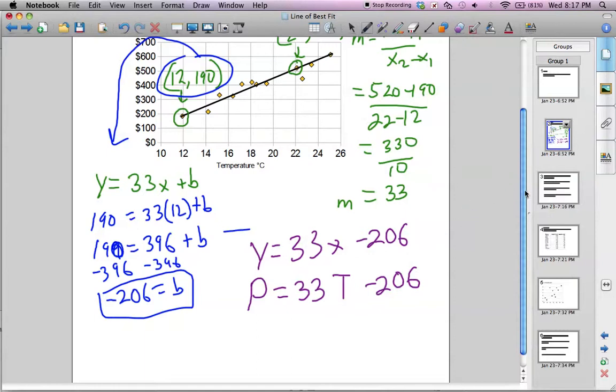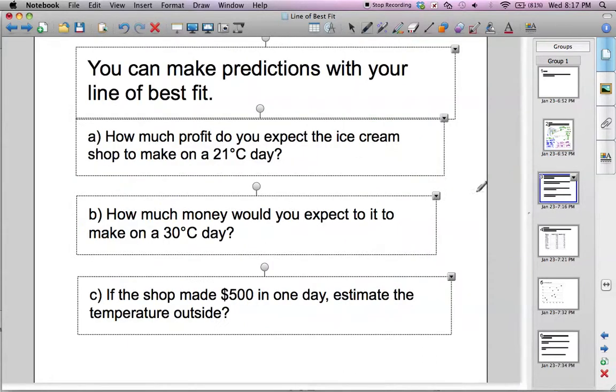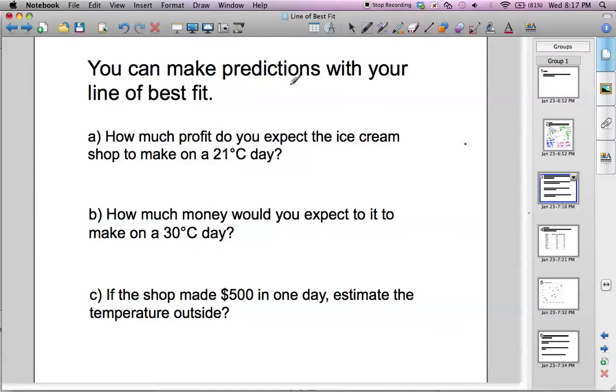So that's our equation: profit equals 33 times temperature minus 206. We're going to use that now to make some predictions. So I'm going to write down that formula here before I forget.